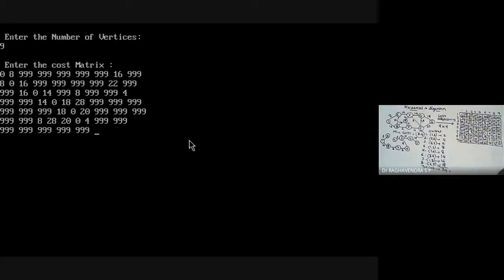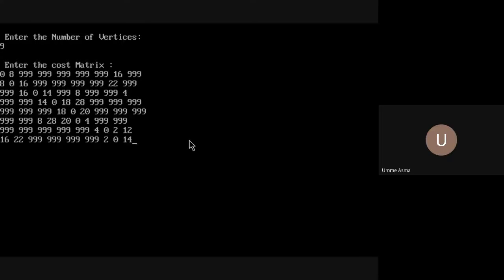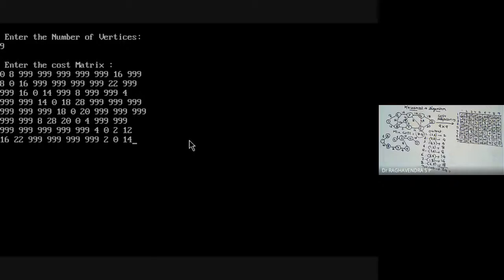Next: 4, 0, 12. Eighth row: 16, 22, 3 times infinity, 4 times infinity, 2, 0, 14. Correct. Yes, sir. Next, last row, ninth row.